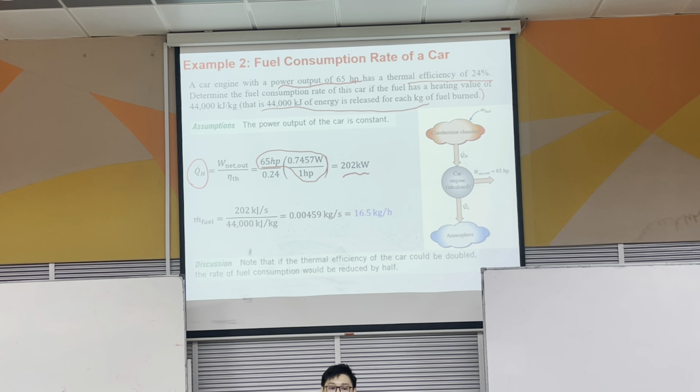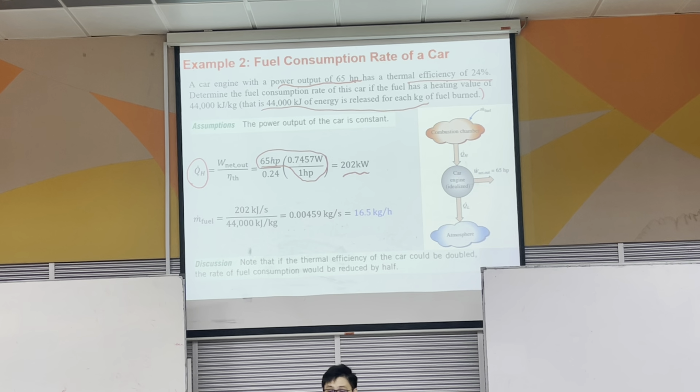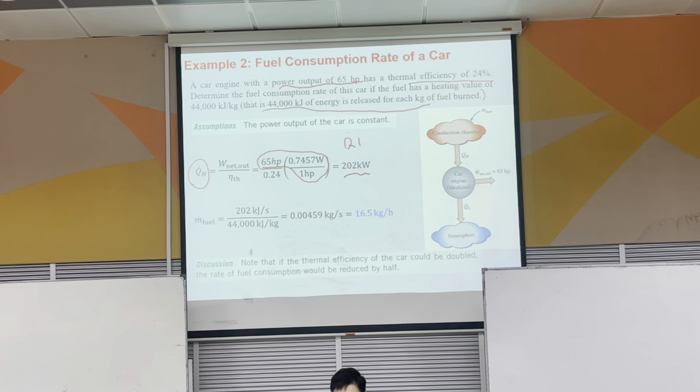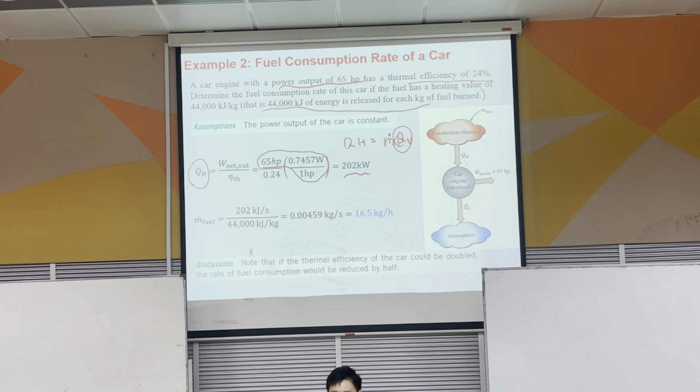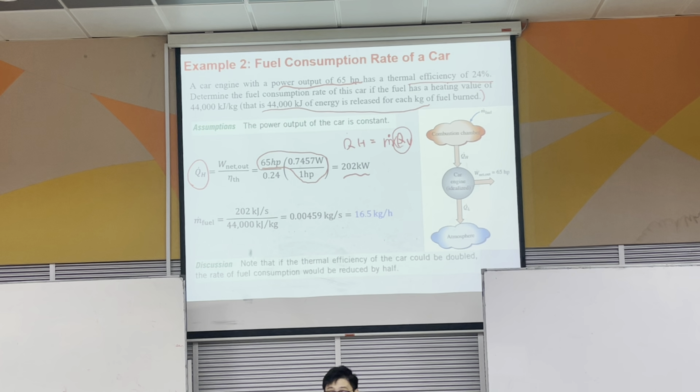And then, how do we find the fuel consumption of this car? We know that this is how much heat that we need to supply. Then it actually becomes very simple because it will simply be QH equals m dot multiplied by the heating value, or you can think about it as enthalpy also.